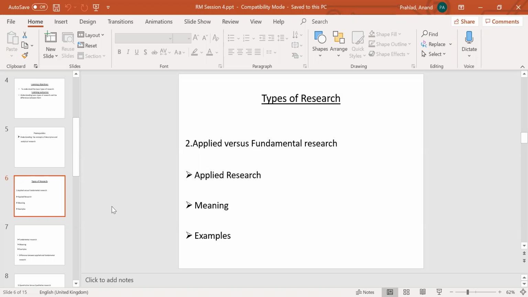So, the best example for an applied research is investigating which treatment approach is most effective for reducing anxiety or which strategies work best to motivate workers. So, here we are concerned with an action or we are concerned with finding a solution for some problem. This is applied research.